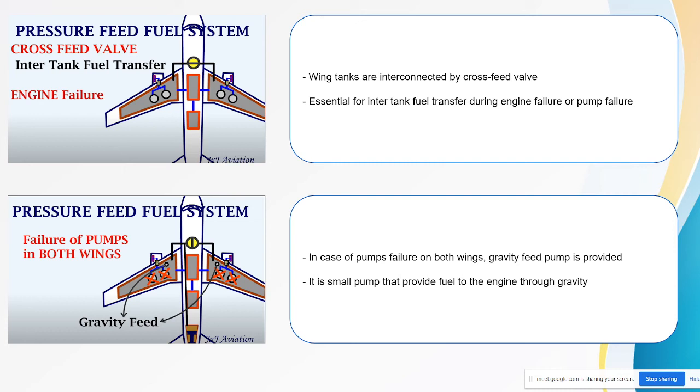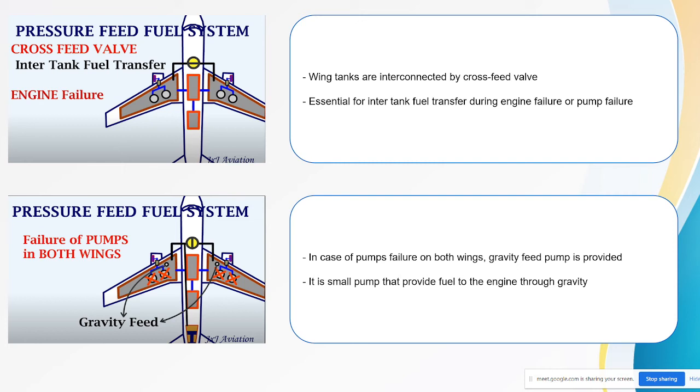In case of, for example, left pump failure, it cannot pump the fuel towards the left engine. So by opening the crossfeed valve, it allows the pumps at the right to pump the fuel to the right and left engine to provide enough fuel flow.